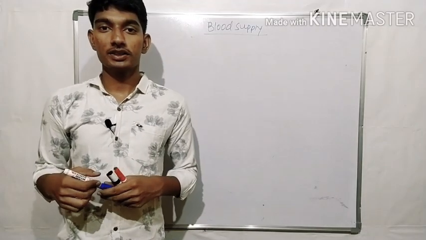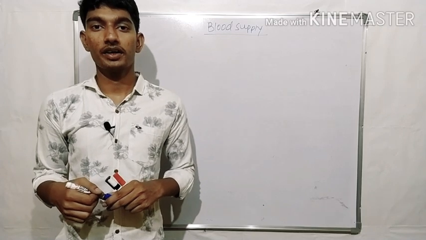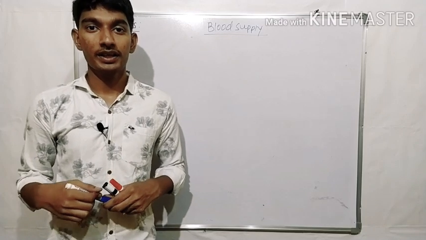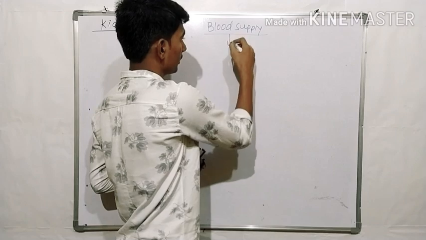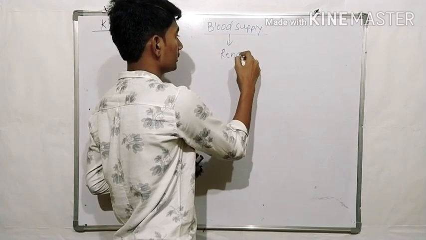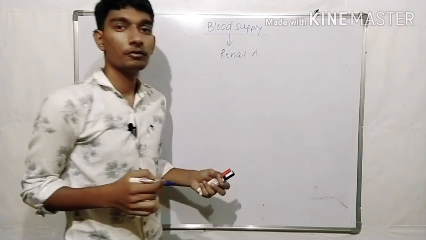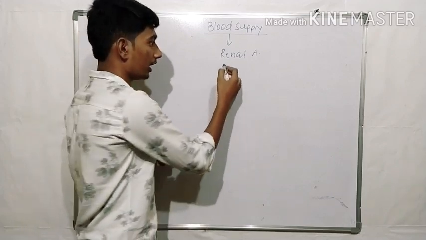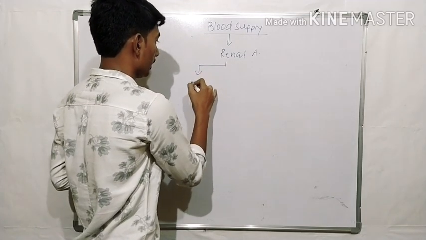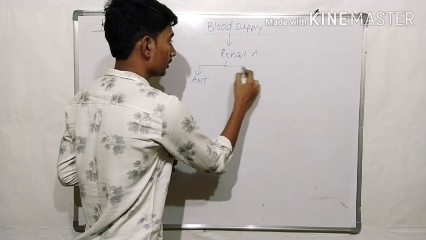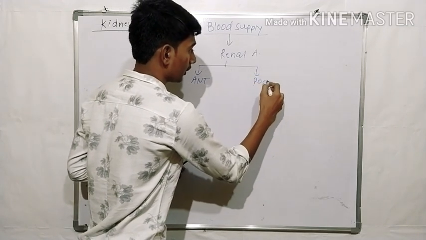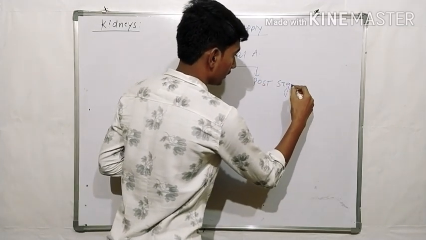Now we will discuss about the blood supply of kidney, and the blood supply of kidney is by renal artery, which divides into anterior and posterior segmental arteries.